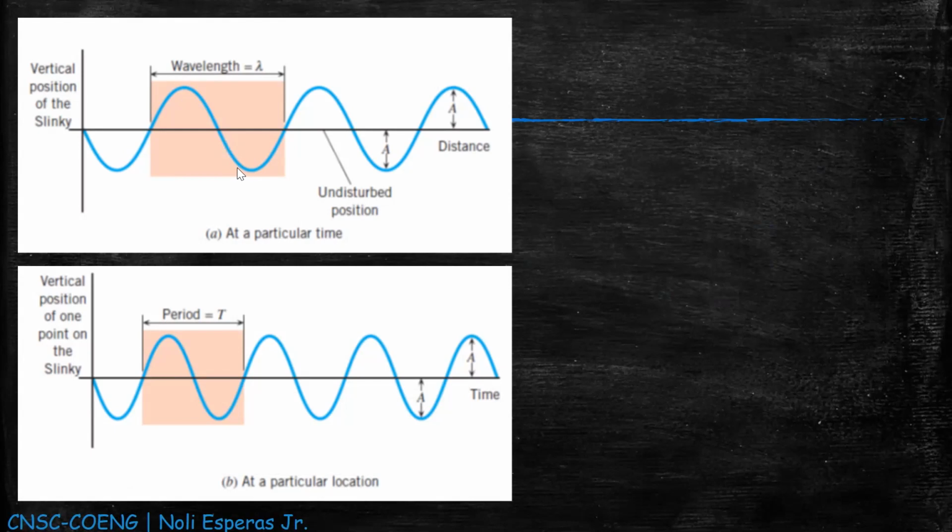Simply, to get the amplitude, you just get the midpoint between the crest and trough and get the length from the midpoint to either the maximum or minimum point. Or we just simply get the maximum point minus the minimum point, divided by 2.